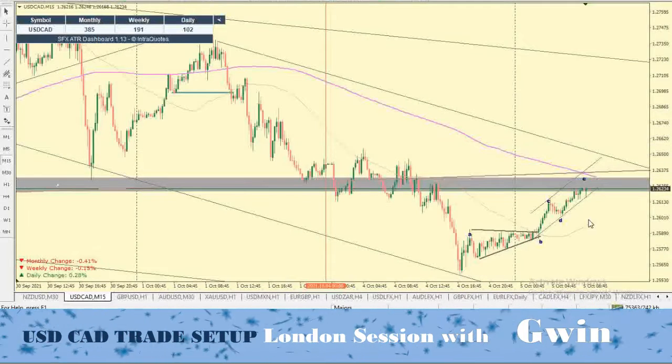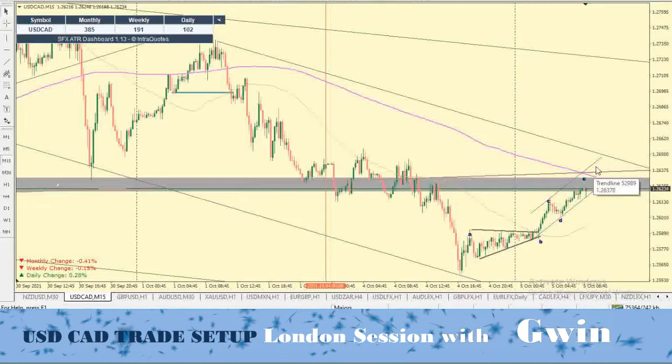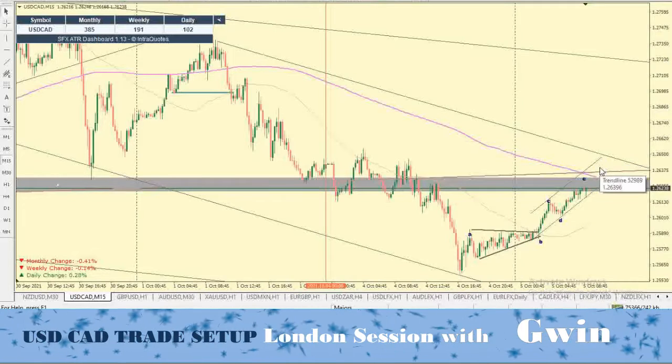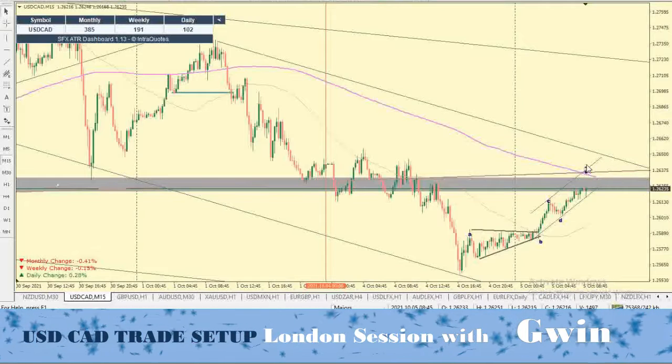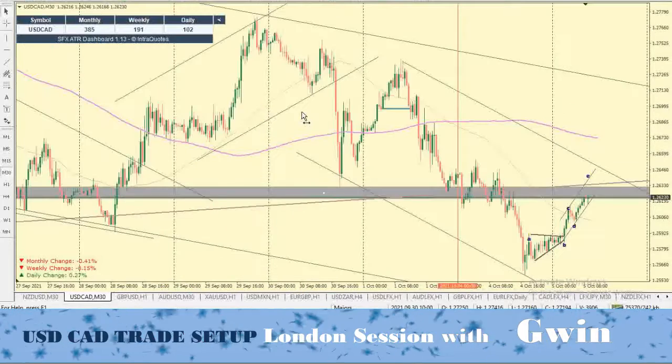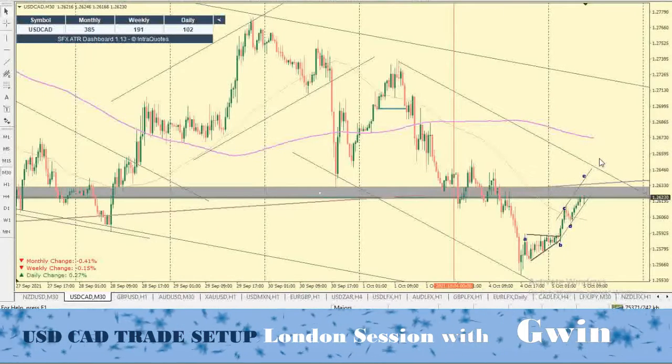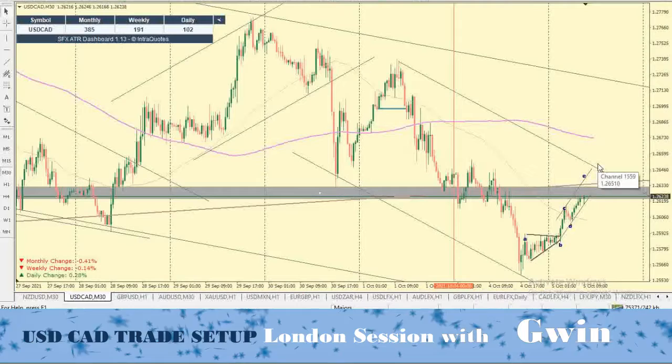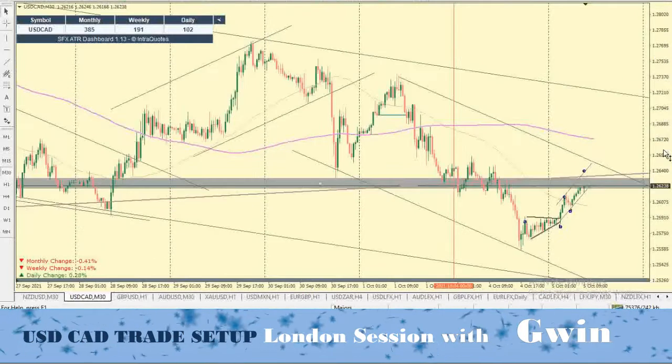So we're looking at when price would actually create a valid entry for a short trade. For all I know, price could also be on its way to testing this upper trend line here, which could be resistance before the next drop.